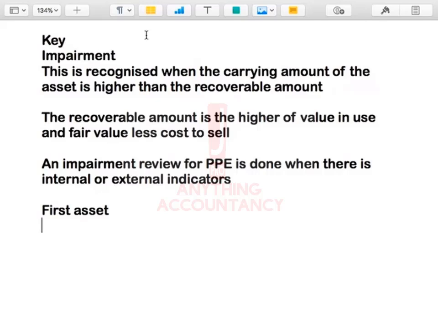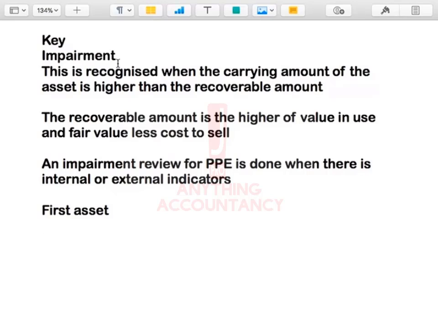Again, I repeat, NRV refers to your selling price minus your cost to sell, your marketing cost. Whereas fair value less cost to sell tends to be market price minus the related market costs. The less cost to sell here refers to your transaction cost. Fair value is minus transport cost.